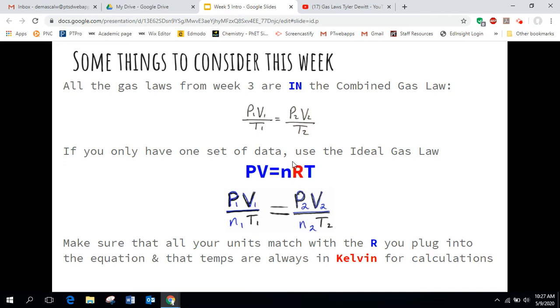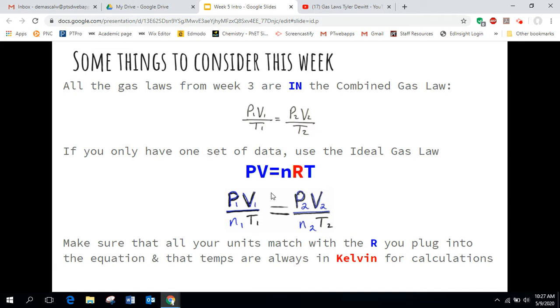And just so we can clarify what this R value is, there's a lot of you folks in the discussion that were saying how adding in R was making this confusing. It's actually cutting down on the number of variables. So if we need to relate all four items together, we end up with PV over nT equals P2 V2 over n2 T2.